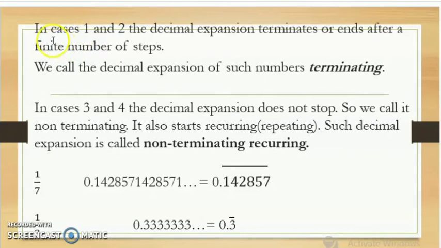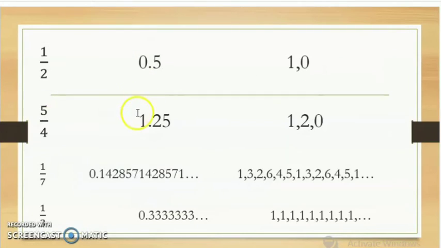We saw that in cases 1 and 2, the decimal expansion terminates or ends after a finite number of steps. So we call such a decimal expansion a terminating decimal expansion. As we saw in the case of 1 by 2, 5 by 4, the decimal expansion stops.